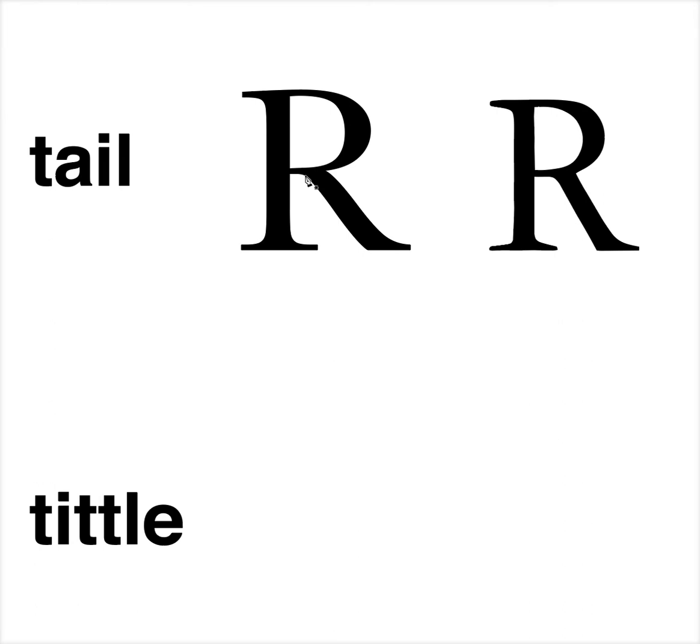Again, with the tail, we have to be careful with where we select, but it's not terribly difficult to recognize the tail and where it pulls off. A lot of times people say, well, that's the leg.